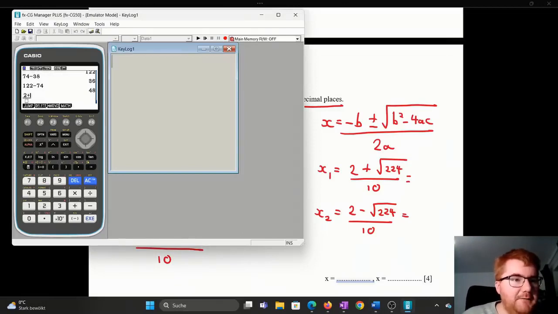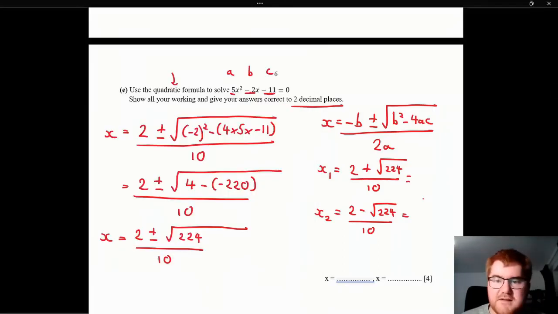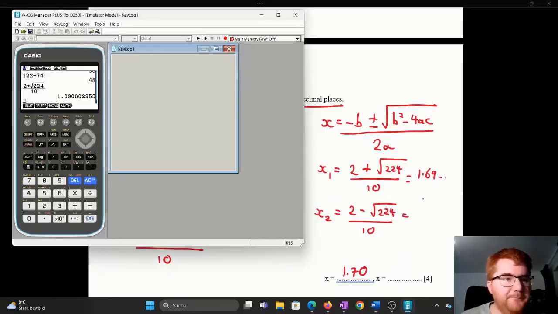So we have the square root of 224 divided by 10. In SD to give us a decimal, 1.696, so that's going to be 1.70 when rounded.